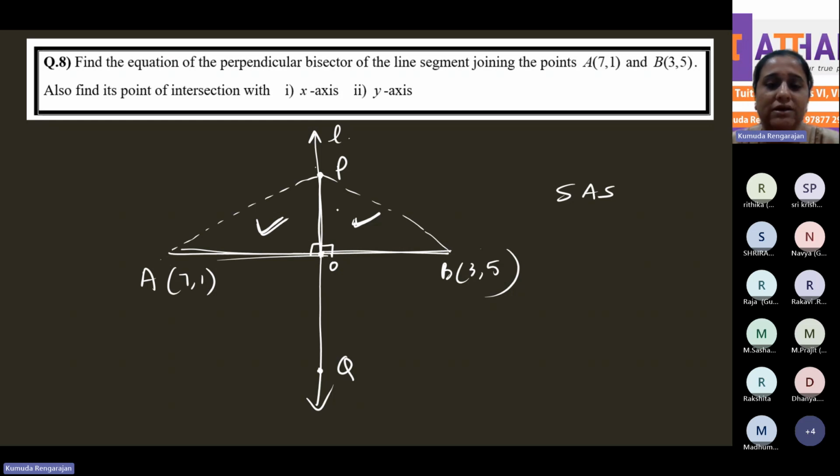So let P be given by the address x, y, because you've taken a point P, and you should give an address to the point P. The condition is PA is equal to PB. We worked with that condition earlier also, and the result you will get is a linear equation in x and y.